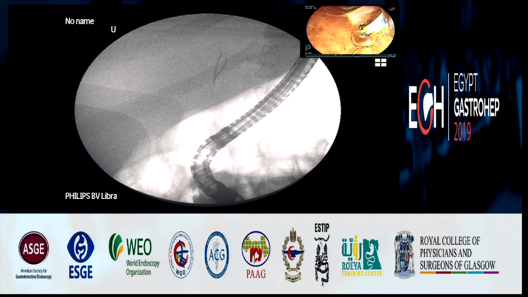Okay, and then we can take the Fogarty balloon. She must have a bit of stones inside, because there's stone there. So maybe that's the problem. Do you have a 12 millimeter balloon? Okay, we can take a 12 millimeter balloon.